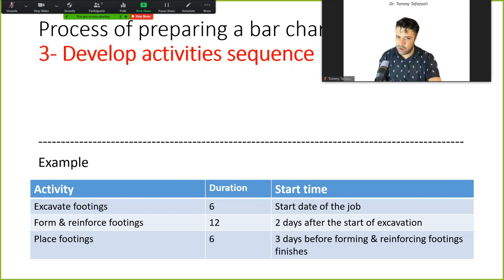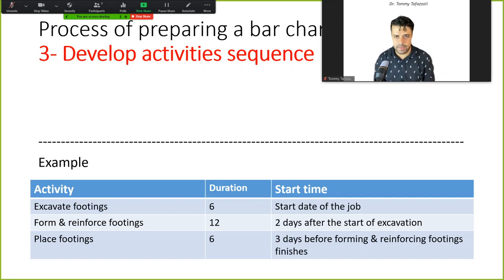So the start activity does not depend on anything, right? That's usually an independent activity because you just decide when to start. Once you get started, all the activities will depend on that start day.